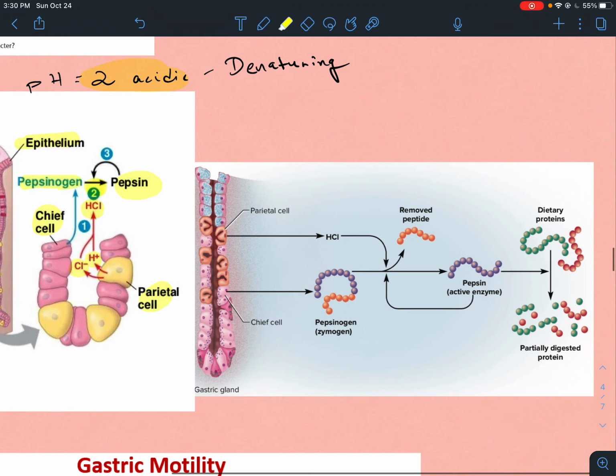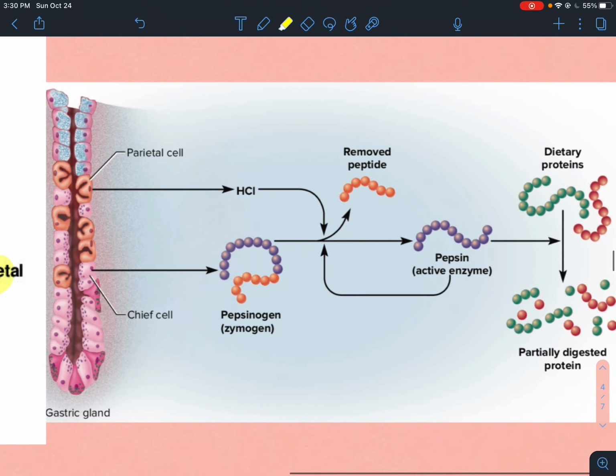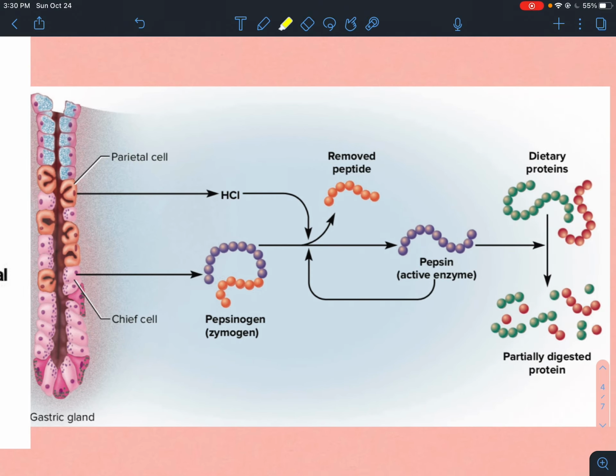In this image, we can get a better understanding of how that works. Note that we have the gastric gland, and we have labeled for us the chief cells and the parietal cells. The chief cells, again, are making pepsinogen. Please note that it has these amino acids that are in purple, but also a string of amino acids in orange.